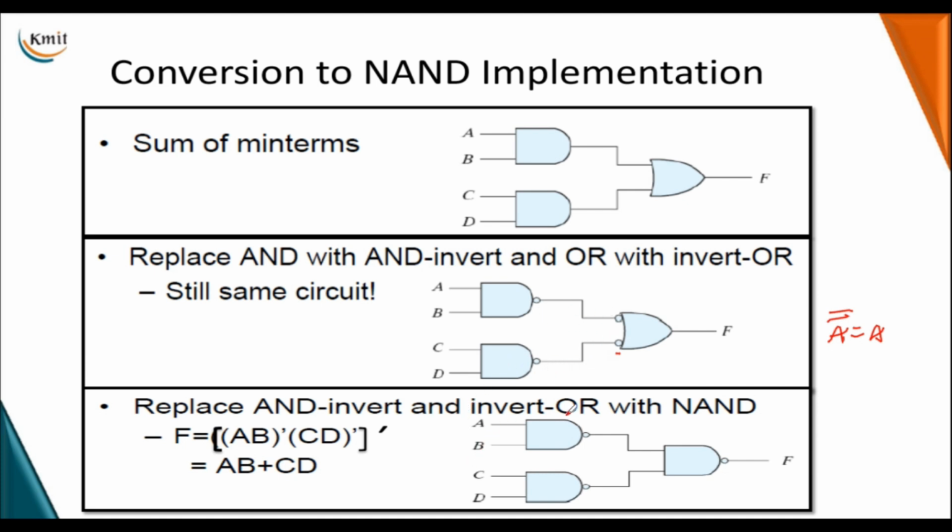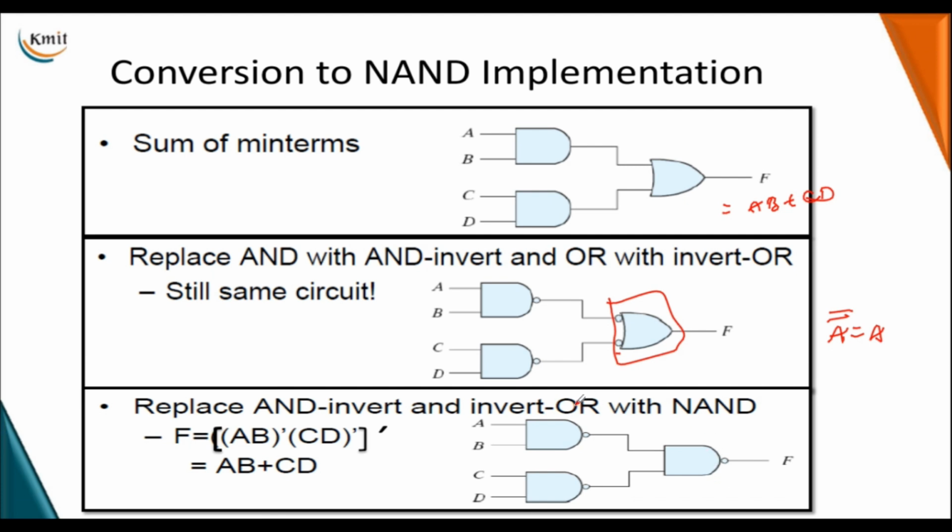In the next step, we replace the bubbled-input OR with the NAND logic symbol. Now let me observe. We have the same functionality, AB OR CD, from the SOP AND-OR logic system, which now uses only NAND gates.